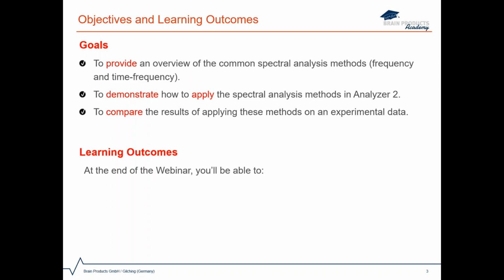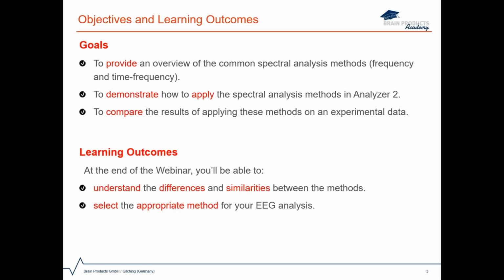Hopefully, at the end of the webinar, you would be able to understand the differences and similarities between the methods. Based on the obtained knowledge, you will be able to make an informed decision on which method to use in your EEG data analysis. More importantly, with a couple of demonstrations, you will also be familiar with the steps on applying the spectral analysis transformations implemented in Analyzer 2.